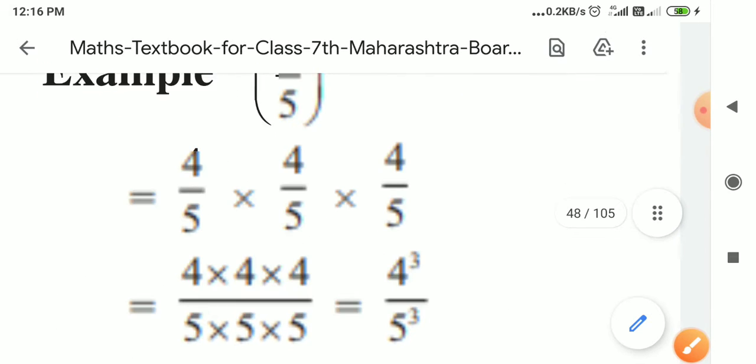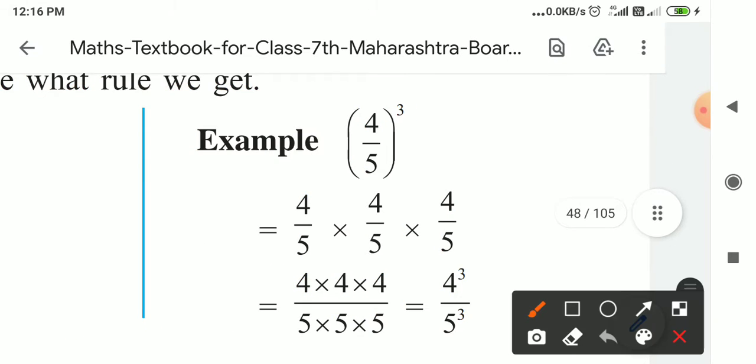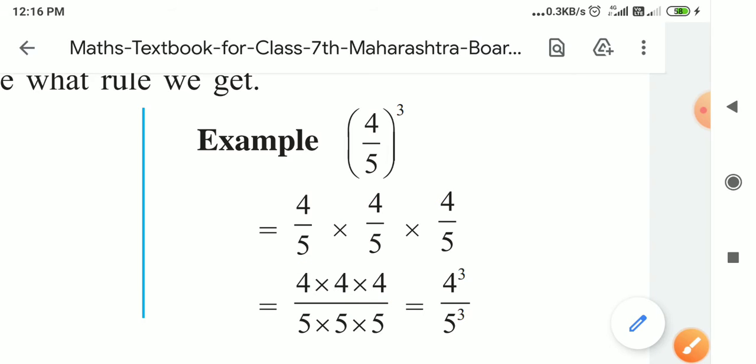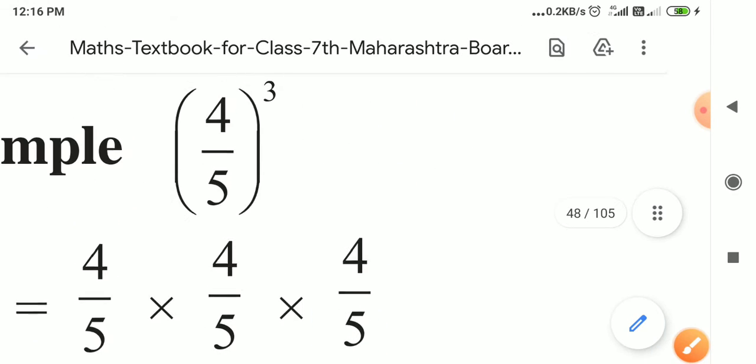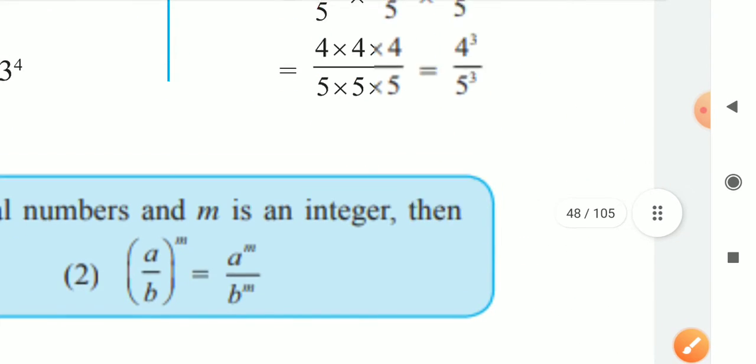Here the solution given is 4 upon 5 into 4 upon 5 into 4 upon 5, three times multiplication, so we do 4 into 4 into 4 and 5 into 5 into 5, which is 4's cube upon 5's cube. In this way we have to solve it in the exam.